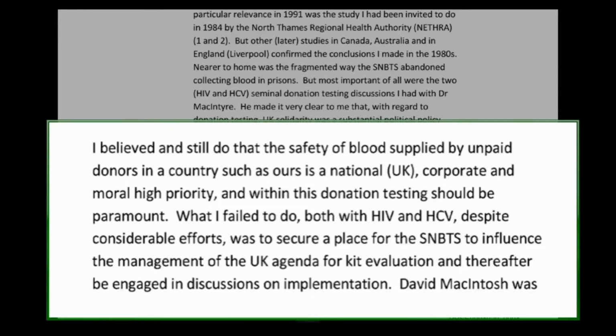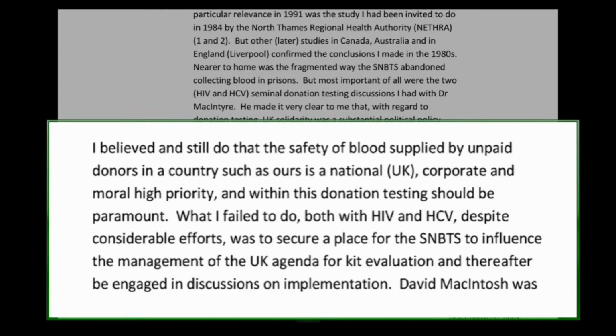What I failed to do, both with HIV and HCV, despite considerable efforts, was to secure a place for the SNBTS to influence the management of the UK agenda for kit evaluation, and thereafter be engaged in discussions on implementation.